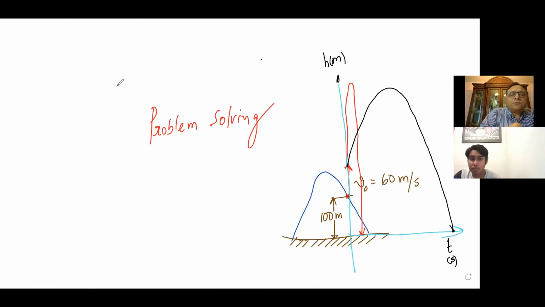So when you're doing problem solving, it is very important to visualize. Now, we have visualized that it is a vertical motion straight up. However, if I plot it on a frame of height and time, it is kind of a stretched parabola, which I have shown here, right?